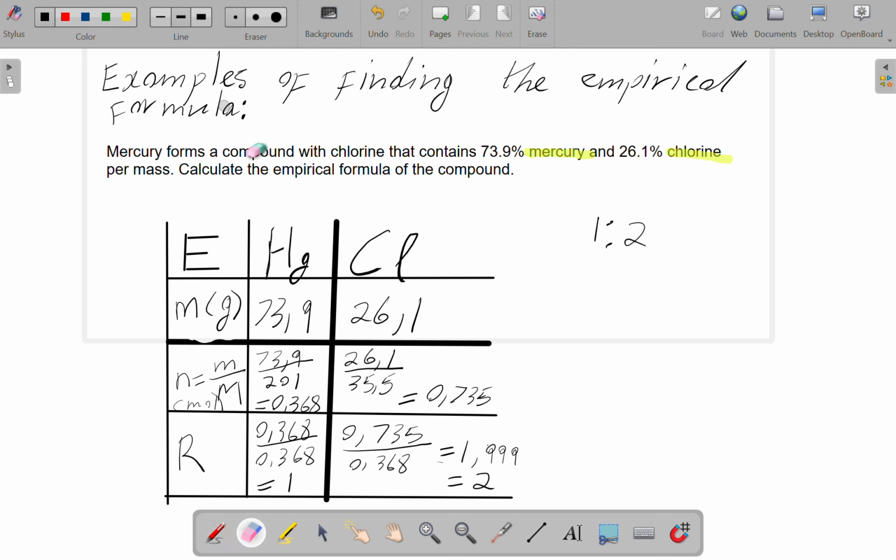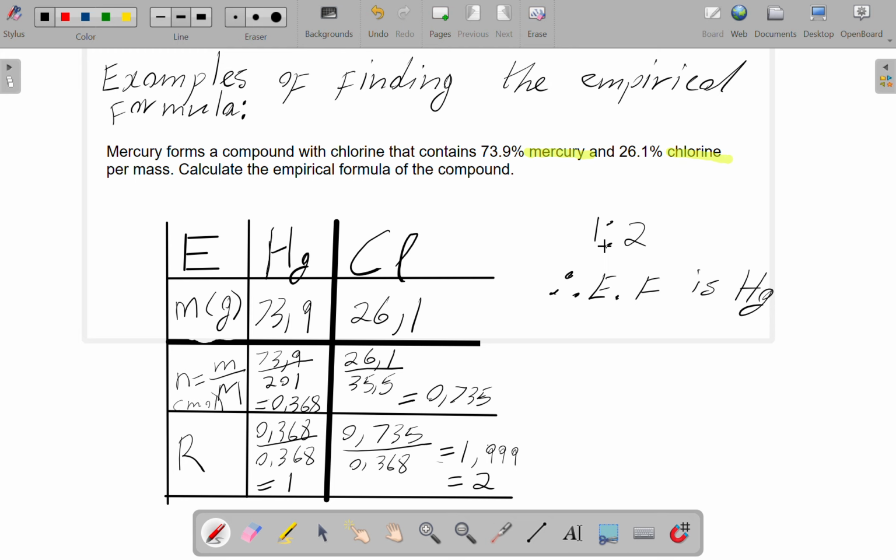So I will conclude by saying that, therefore, my empirical formula, let me just erase here, is my symbol of mercury, which is Hg, and the ratio of mercury is 1, as we can see from here. So this number I'm gonna write at the bottom, but we know the story about 1. We never write 1, so I'm not gonna write anything here.